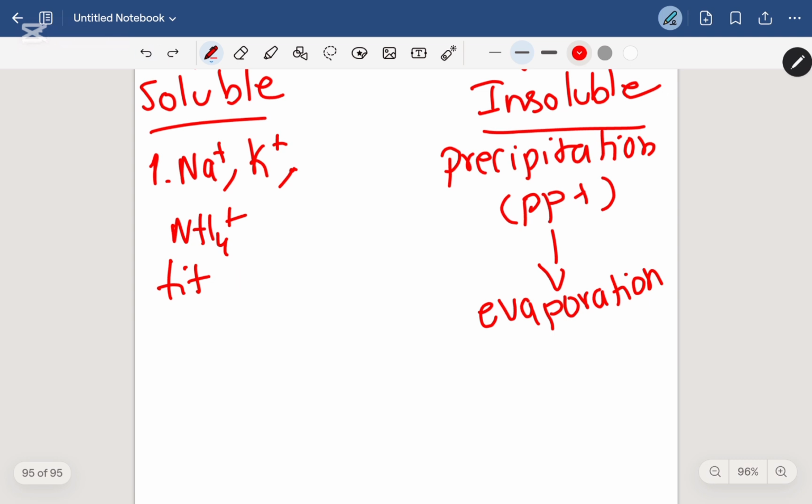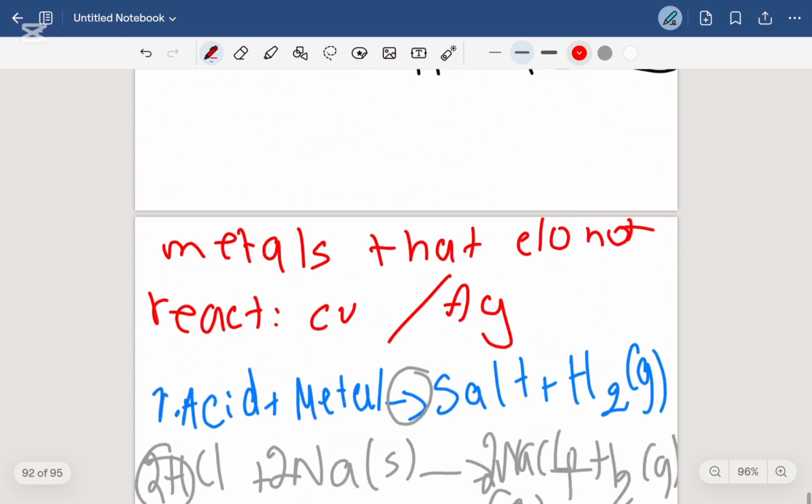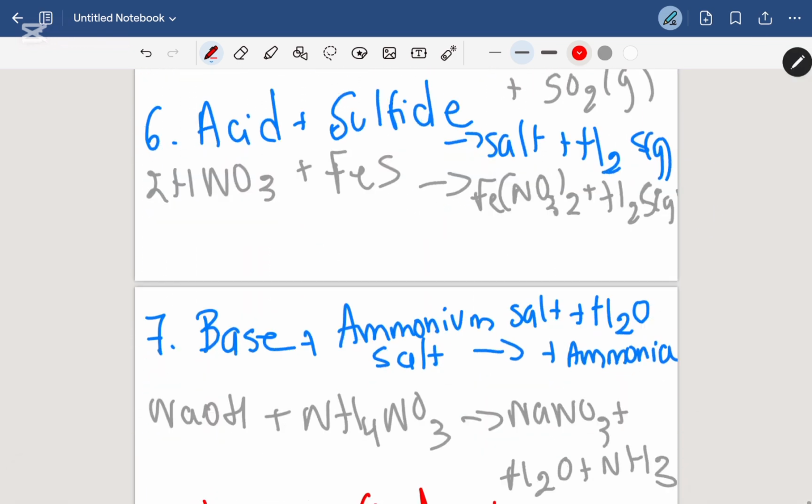Titration. Now, for the other ions that are not Na+, K+, or NH4+, we do not use titration. Instead, we use the different methods that we talked about over here.